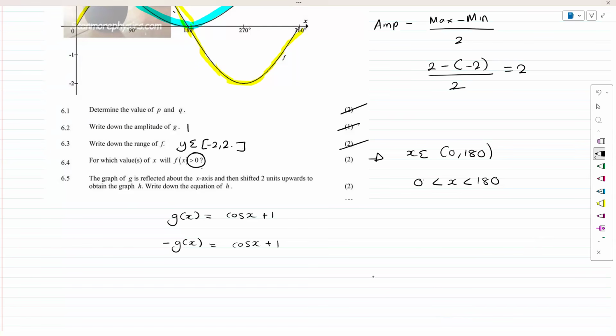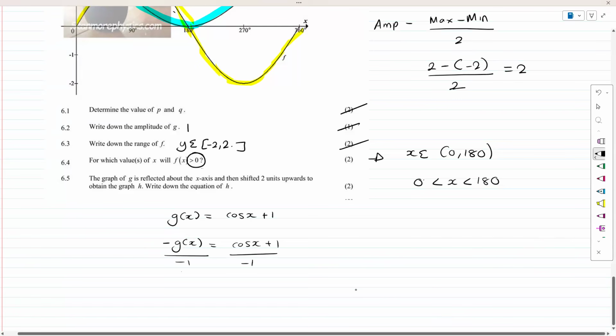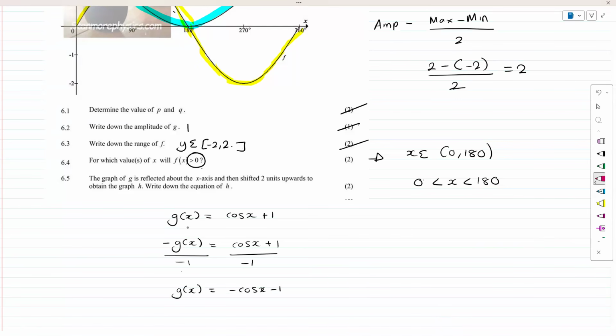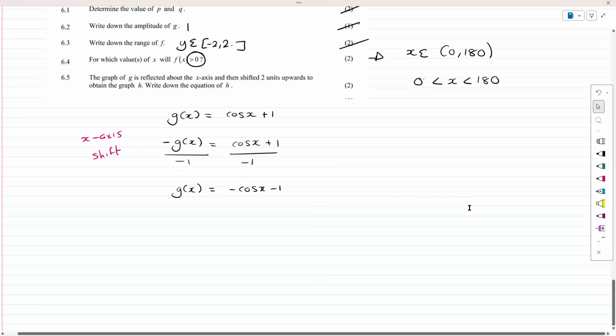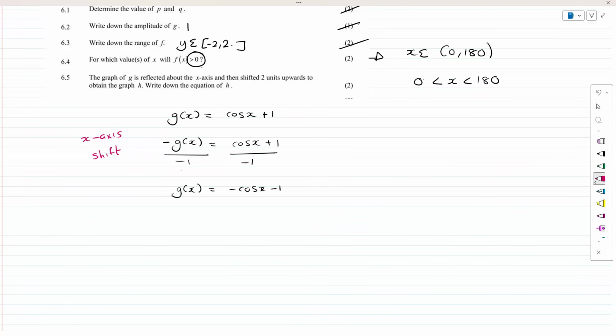So let's deal with this first. If I divide by minus 1 on both sides, I get g of x equals minus cos x minus 1. So it's reflected across the x-axis. Now it is shifted up by 2 units. So if I add 2 there, my h of x graph is just minus cos x plus 1. And that's all there is to this question. And that should be the end of it.